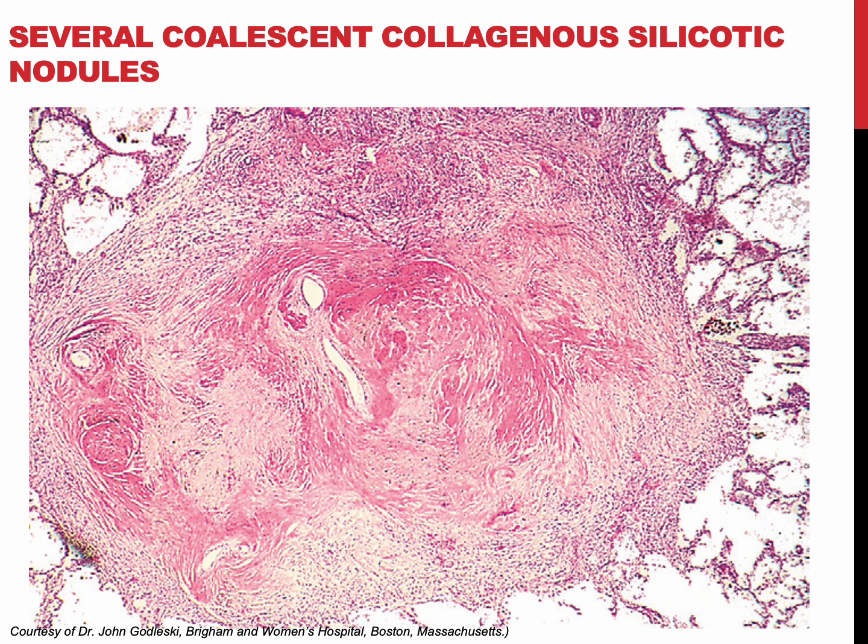Each is composed mainly of bundles of interlacing pale pink collagen. There is a surrounding inflammatory reaction. A greater degree of exposure to silica and increasing length of exposure determine the amount of silicotic nodule formation and the degree of the restrictive lung disease, which is progressive and irreversible.